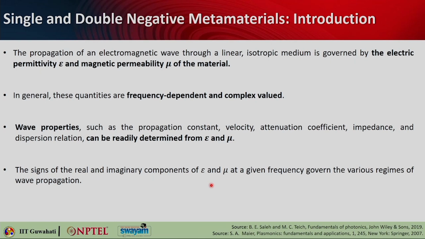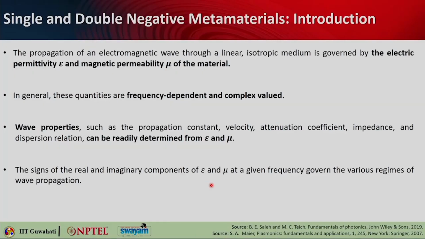So as we mentioned, permittivity can be frequency dependent, mostly they are frequency dependent in almost every material, and they are also complex values. So there is a real part, there is the imaginary part. Depending on those real and imaginary components, you can find out how the wave propagation takes place.